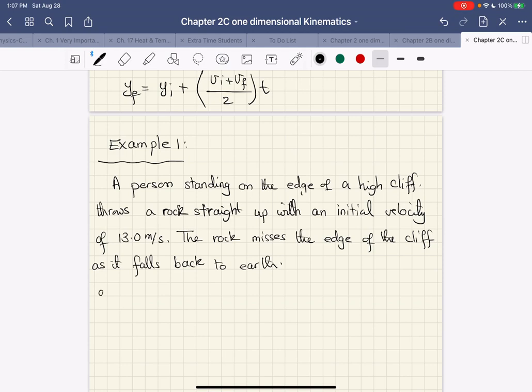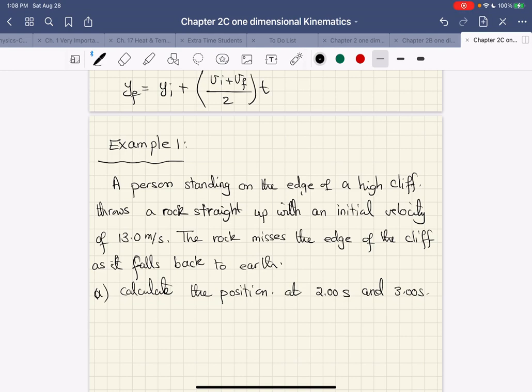Now I want to do the following. I want to calculate the position at 2 seconds and 3 seconds.